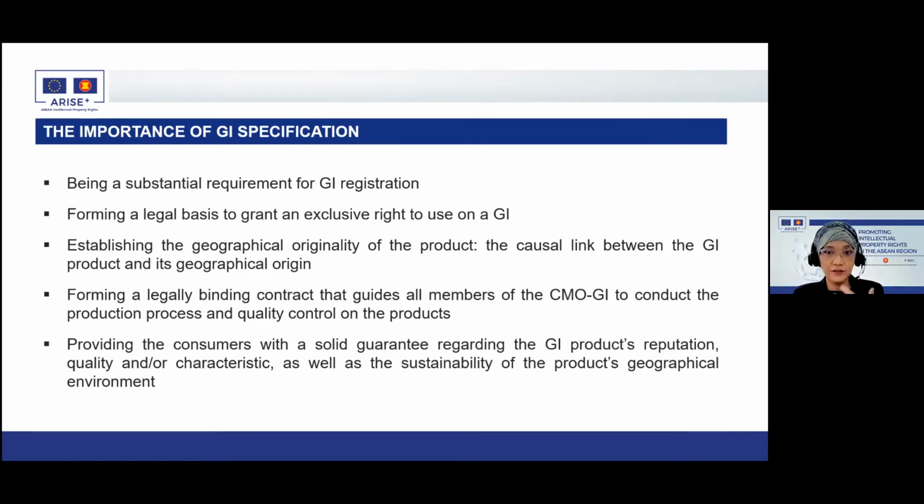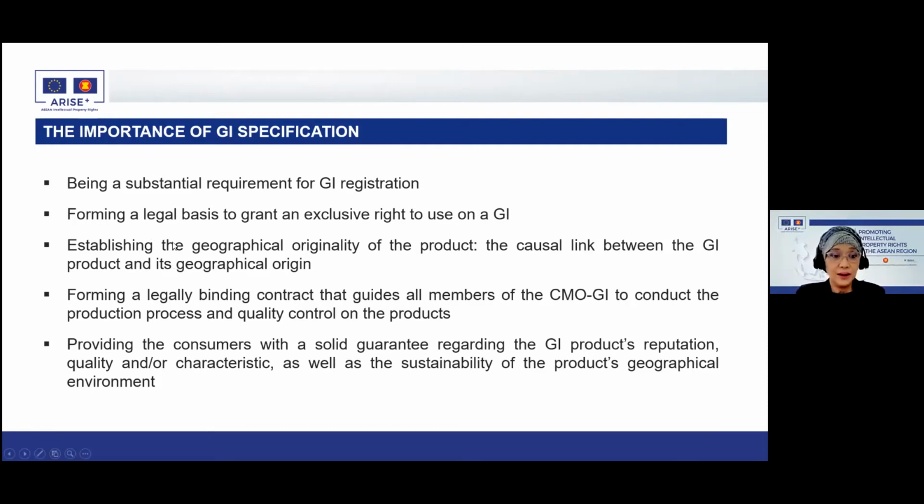But being an exclusive right means that the holder has the strong right to hold it and exclude the others from holding it, unless the others become members of the collectivity. So by drafting a GI specification, it is a formal legal basis to obtain that exclusive right. Only members of the community or CMOGI who have been included in the specification have the right to use the GI. Others cannot.